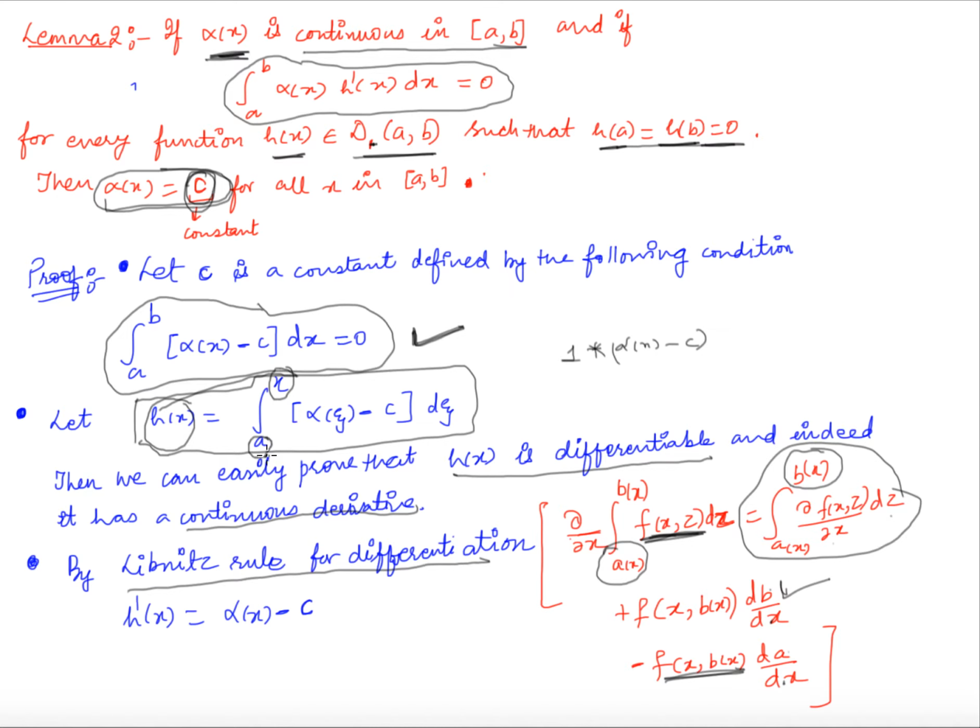So let us see whether h of a and h of b are 0. You can easily see that h of a is the integral from a to a, which is 0. And h of b is the integral from a to b of alpha zeta minus c d zeta. Is that 0? Yes, because that is how we chose our constant. Now you can see why I chose my constant like that. That is written in the next slide.